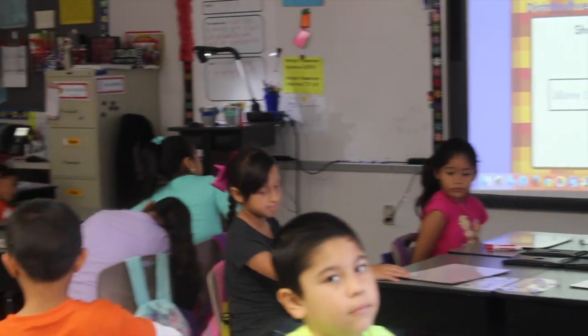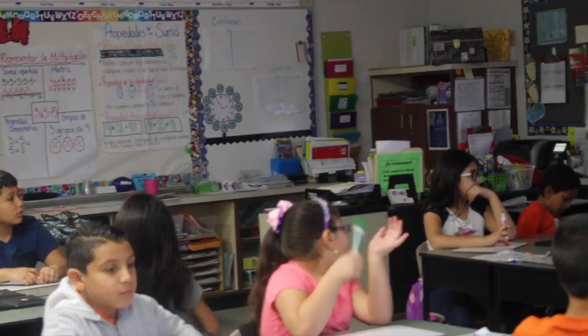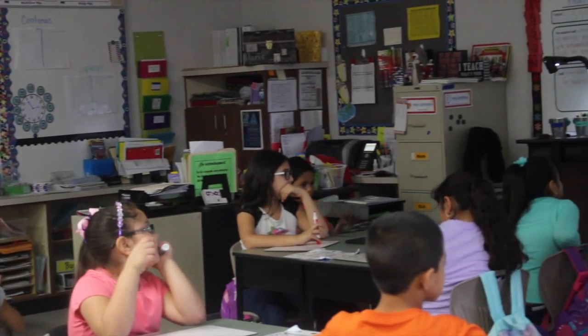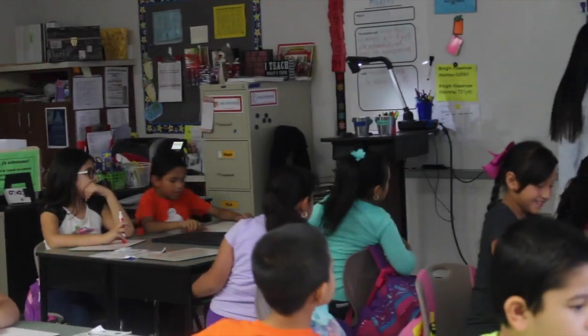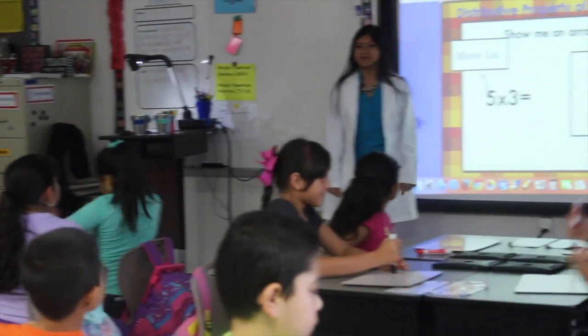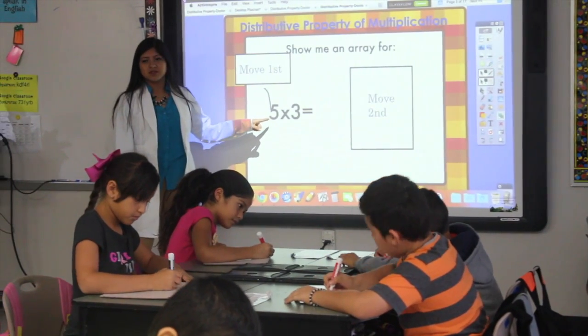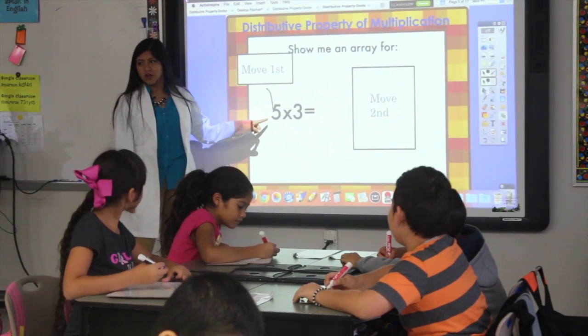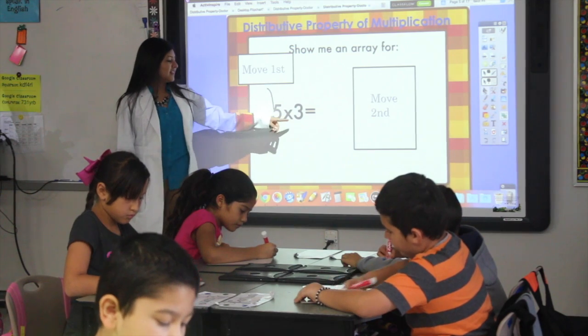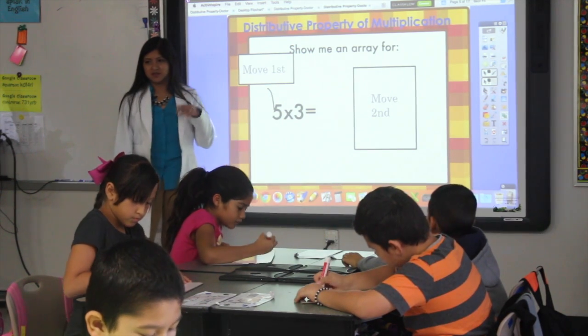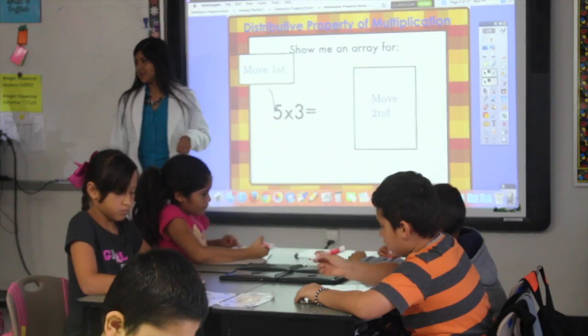Okay, so I need y'all to show me an array for 5 times 3. So the 5 is your rows or your columns? The rows. And then your 3 would be your columns.